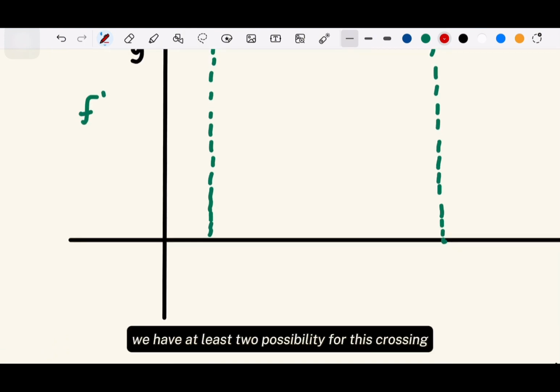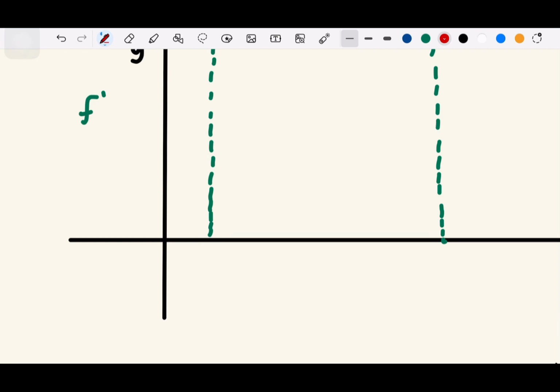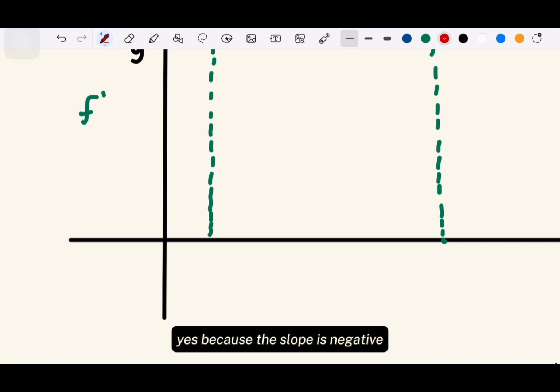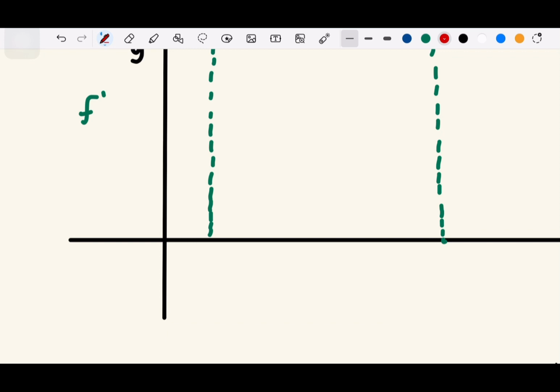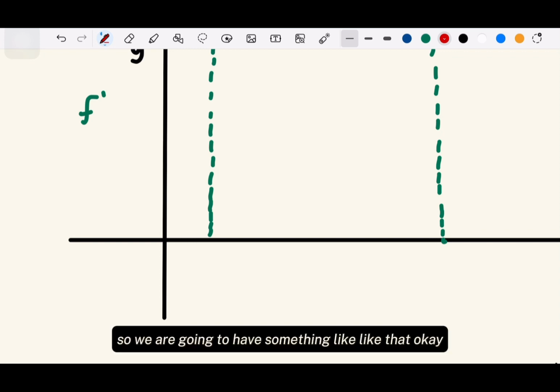So we have at least two possibilities for this crossing. It can be like this or this, right? Which one? Yes, because the slope is negative and this is the negative value, right? So we are going to have something like that, okay?